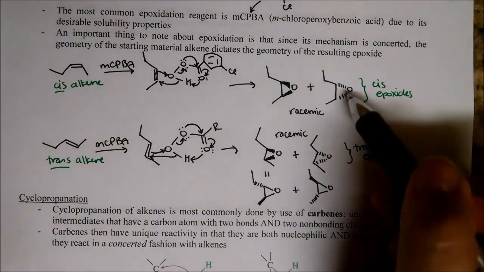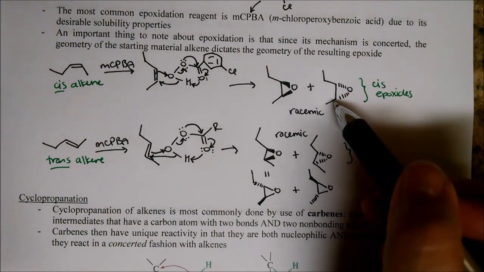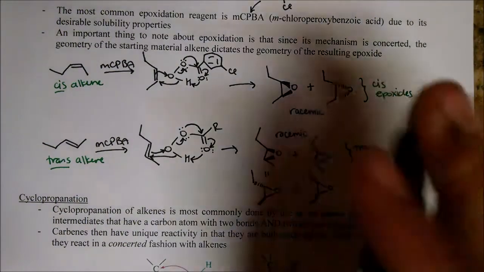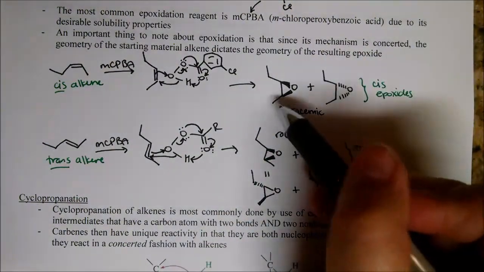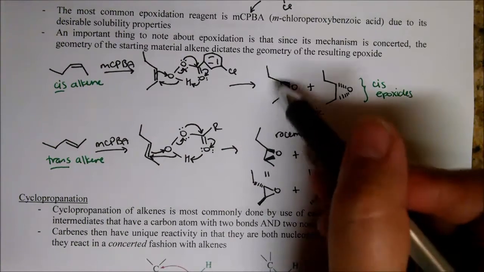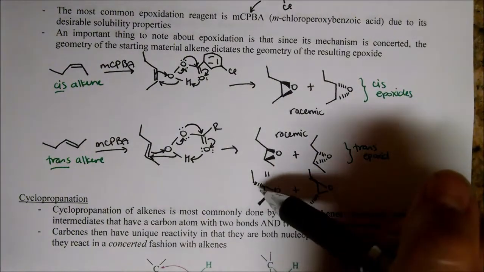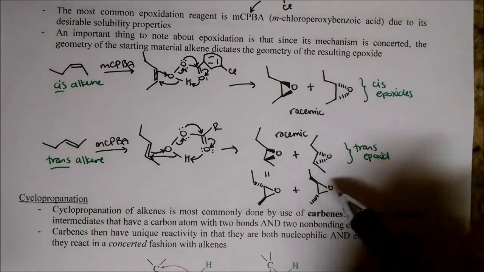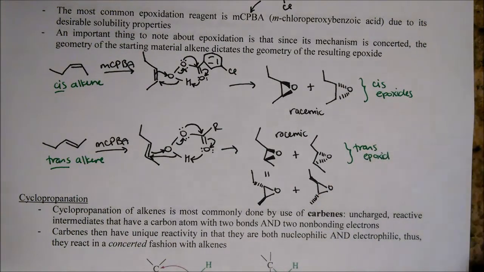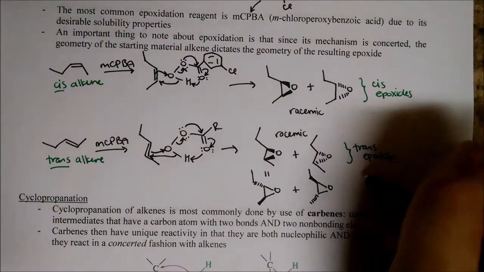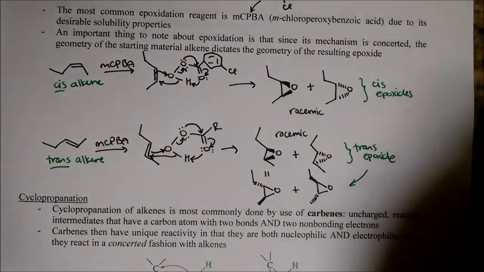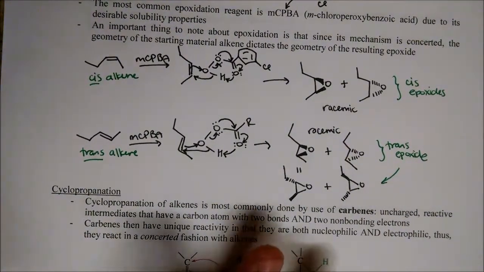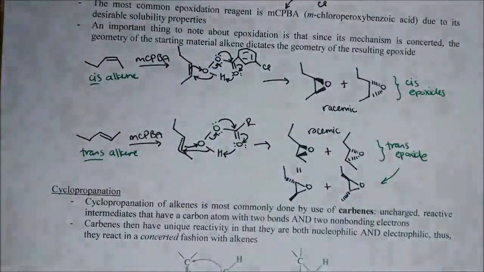Okay, whereas if we drew the epoxide flat here, if we brought the epoxide forward, then these would be going back. If we push the epoxide back in the plane of the paper, then these groups would be coming forward. But importantly, they would both be coming forward, whereas here, one's coming forward and one's going back. Okay, so these are the cis epoxides. It's a lot easier when you draw the epoxide flat to see the whole trans stereochemistry involved.